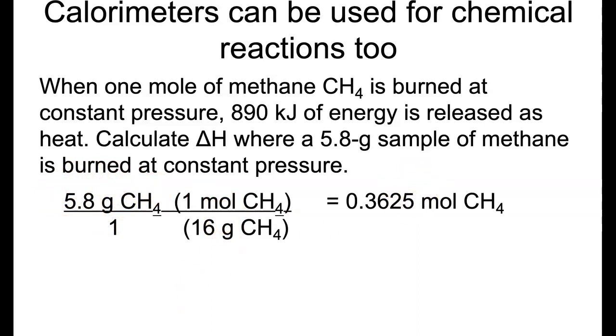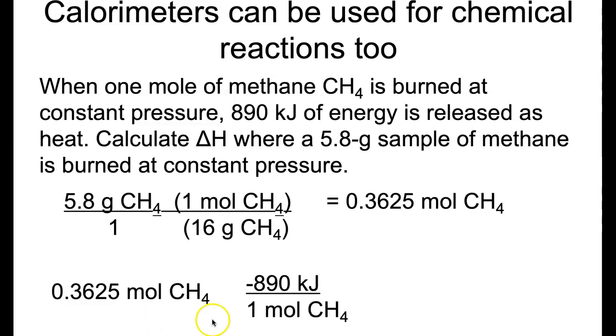Once we know moles of methane, so we're not even using 1 mole of methane as our recipe called for, we're only using 0.3625. And so we're going to compare that to the equation where 1 mole of methane is burned and it releases 890 kilojoules. And so the amount of energy that's going to be involved in this reaction when we're only burning 5.8 grams is 320 kilojoules, rounded to 2 significant figures.